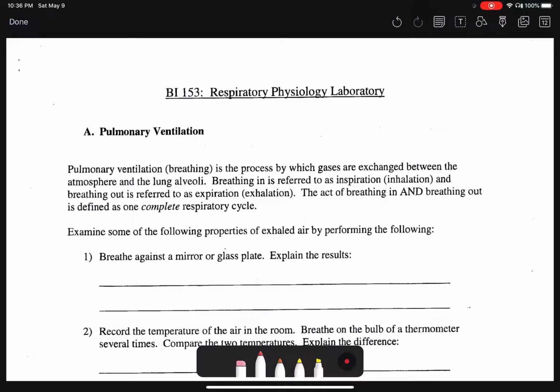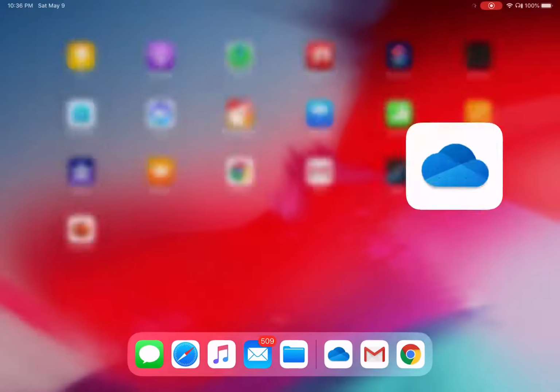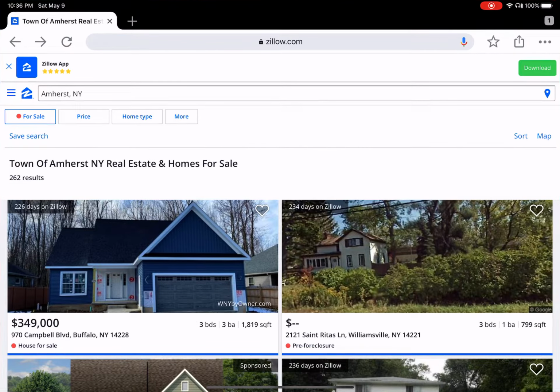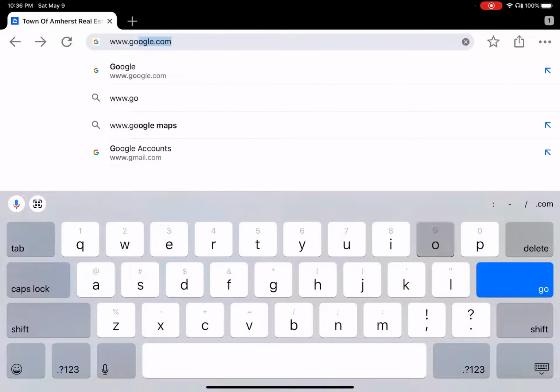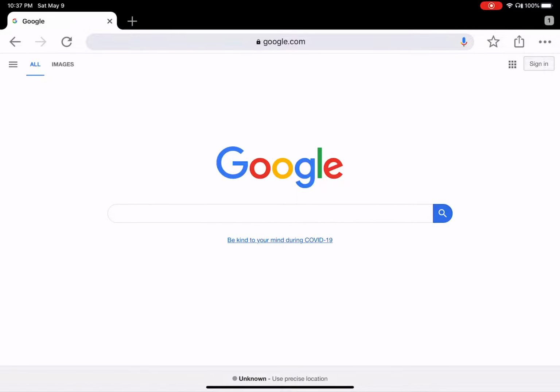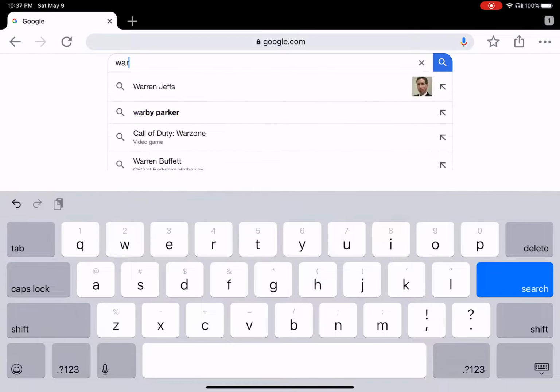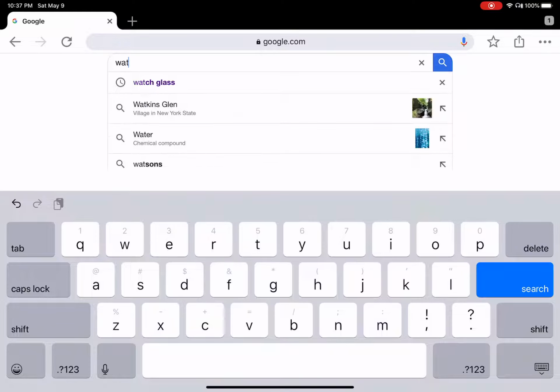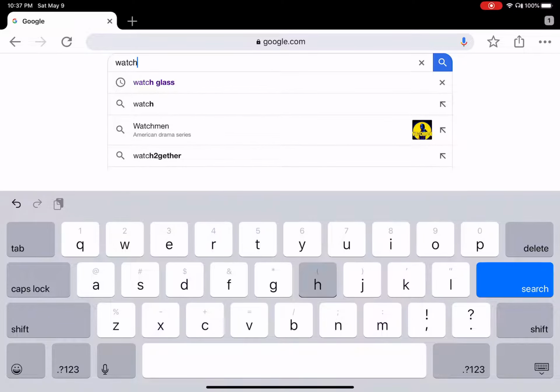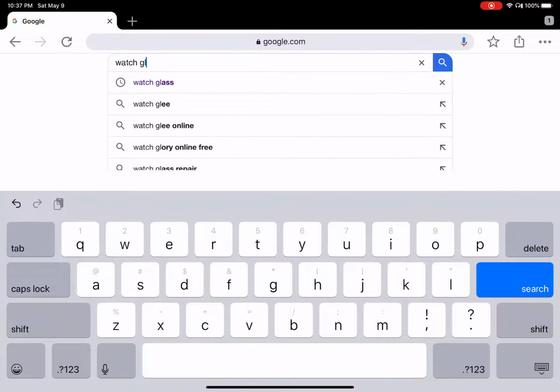So the first activity here is very simple. We just ask people to breathe on a watch glass. A watch glass is, actually, you know what I'm going to do, I'm just going to show you what a watch glass is. Just go to our friend Google here. Watch glass.